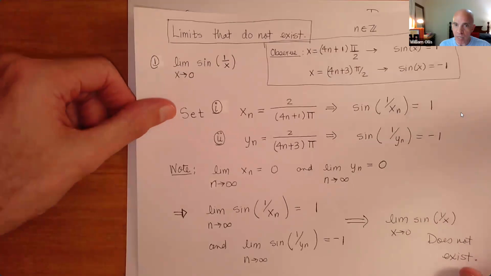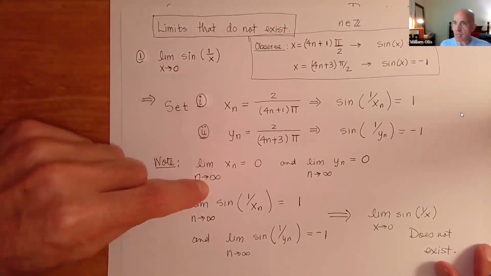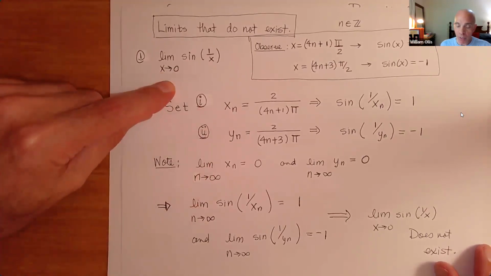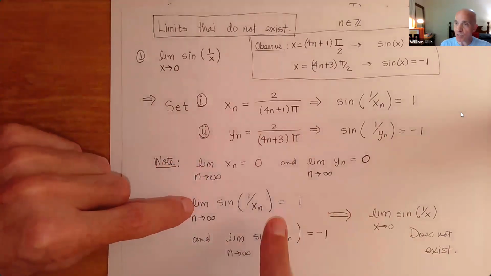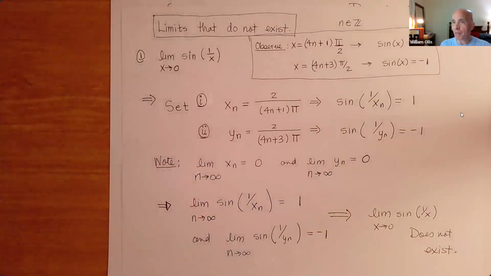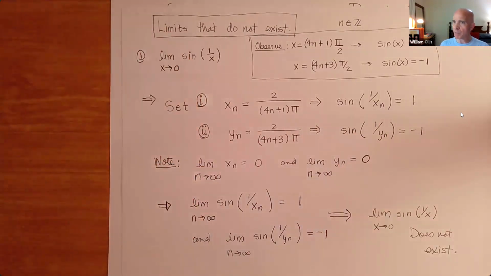And then, of course, the most complicated case is where we look at sequences that both approach 0. By virtue of the fact that these sequences approach 0 but give different values of the function, all bets are off too. So even though this is a little bit more complicated, the intuition should be there.